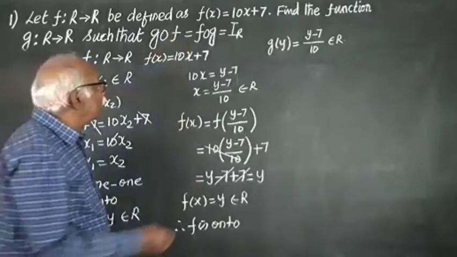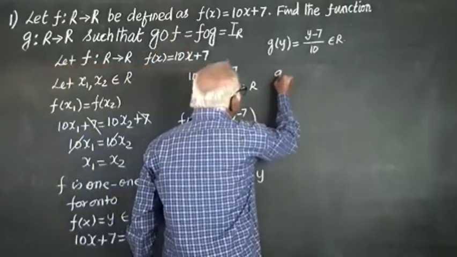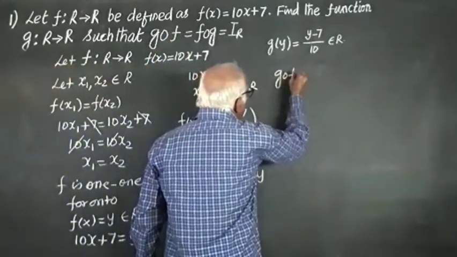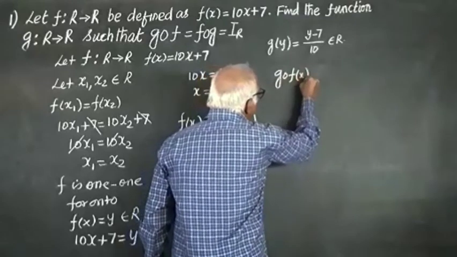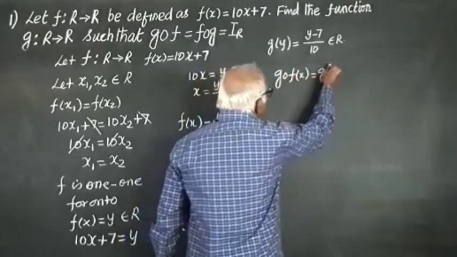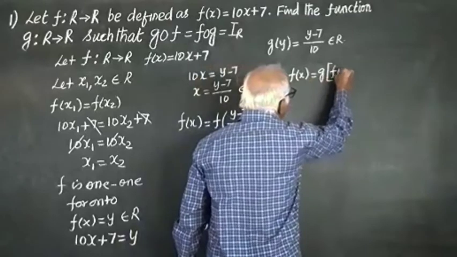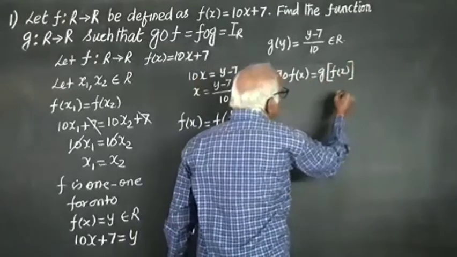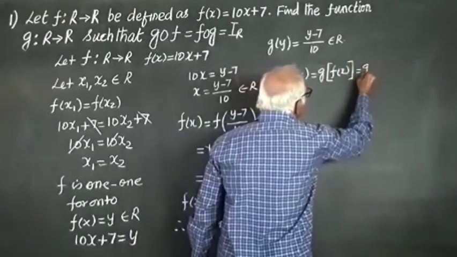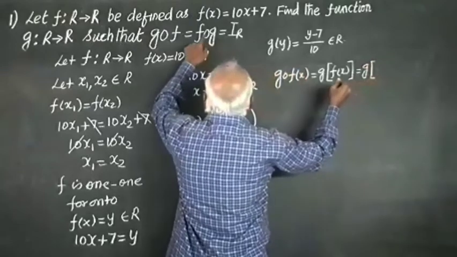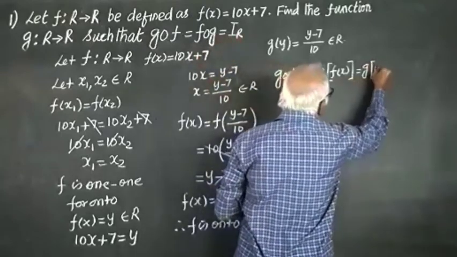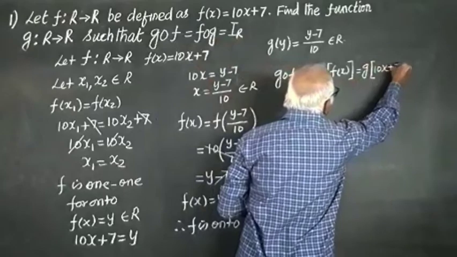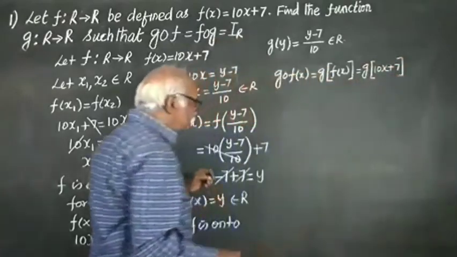First, g∘f. (g∘f)(x) = g(f(x)). f(x) is 10x + 7, so g(10x + 7).